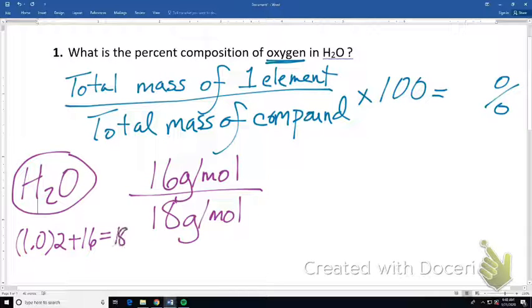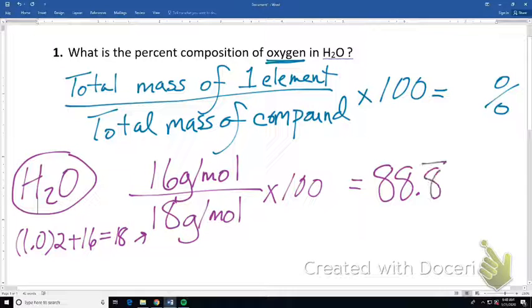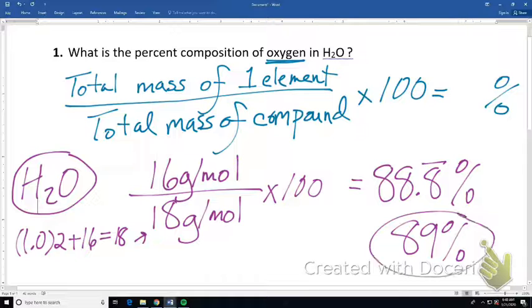So that's how I got the 18, for example. Then I just multiply that by 100 and I'll get my percentage. And when I put this in my calculator, I get 88.8 repeating. That'd be percentage. If I want to round that to the nearest whole number, that's about 89%. And that would be my answer of there's 89% oxygen in water.